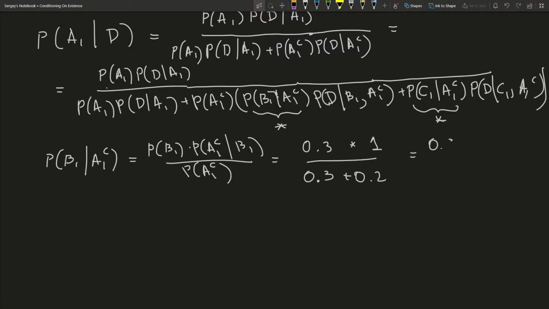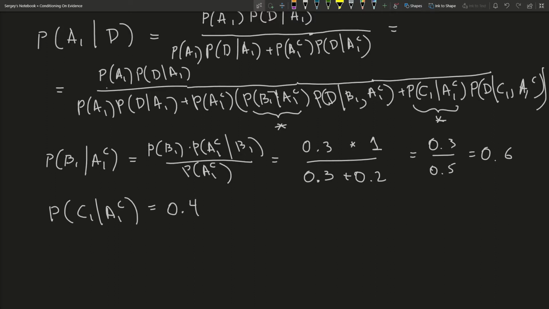So we get 0.3 over 0.5, which is 0.6. And now we can apply the same calculation to compute probability of C1 given A1 complement. And if we do this, we get 0.4.